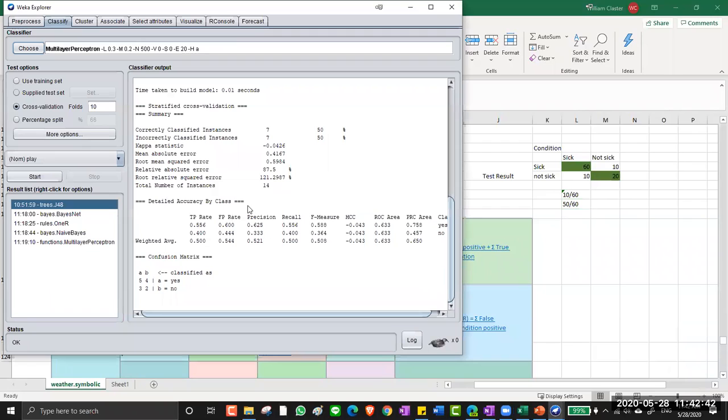So we go to Weka. I guess the true positive is still going down, so I think it's out of this. So I think it's 5 out of 8. So let's see. True positive, no. Precision, sorry. Precision, no, no.